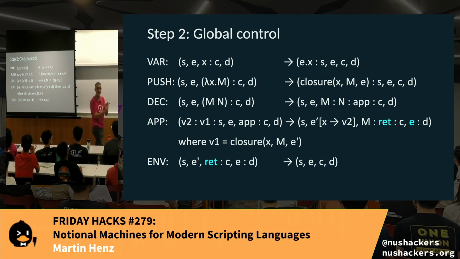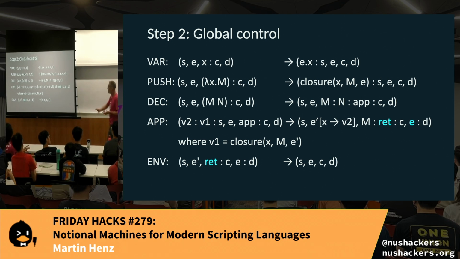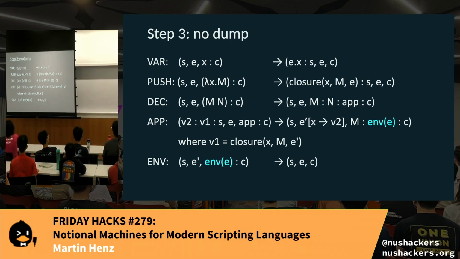Previously, we needed the dump to store the operand stack, the environment, and the control. Now we only need it for the environment. Well, if we only need it for the environment, we might as well put that environment in the control. So that's the last step. In this version, we don't have any dump anymore, and we put the environment directly in the control as an environment restoration instruction.